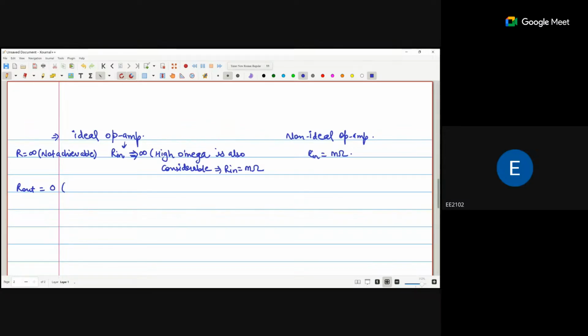Again, that is not achievable. So R_out is in ohms, 100 ohm, 200 ohm. That will be considered.